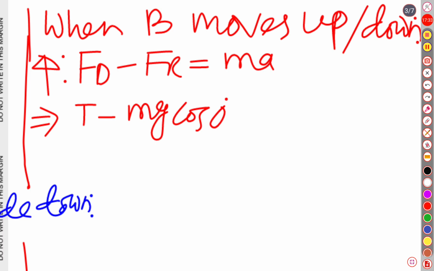That's why the angle is 0, or sine 90, whatever you tell, equal to mass into acceleration, which is 0. Hence T equals mg cos 0 degree.